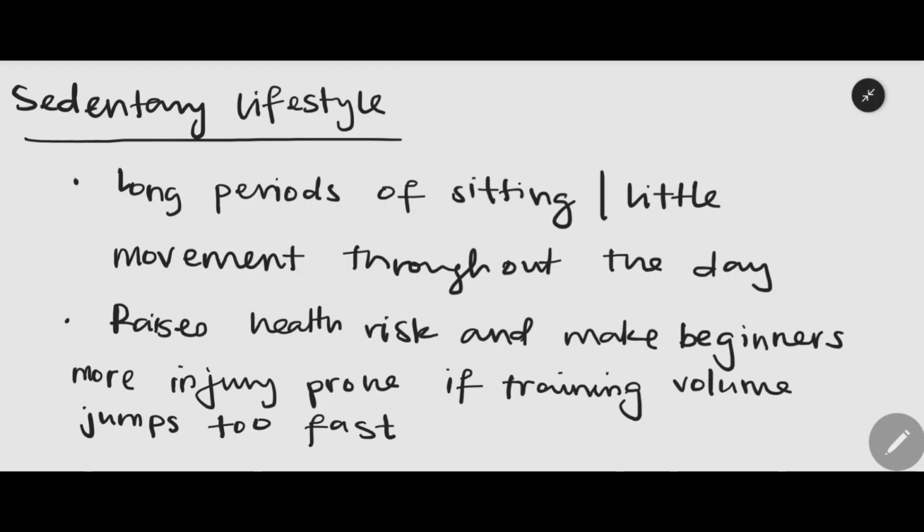So what you want to do in that case is start slow. You want to start with a 1K run, a 2K run, then a 5K run, then a 7K run, then a 10K run. And this is called progressive overload. And that's one of the principles of training, which we're going to look at in this video as well.